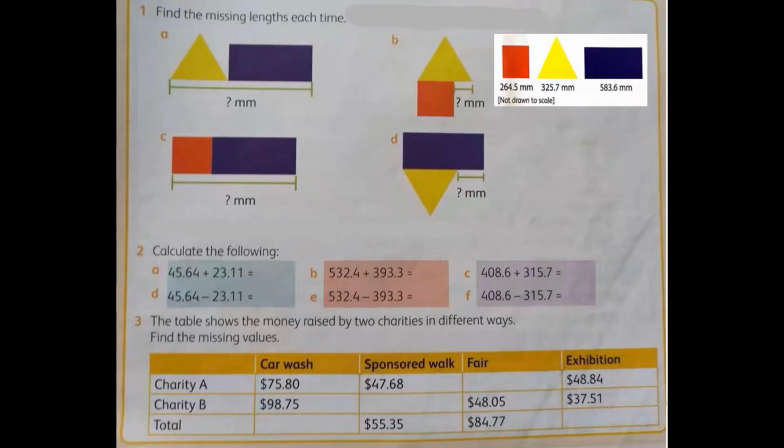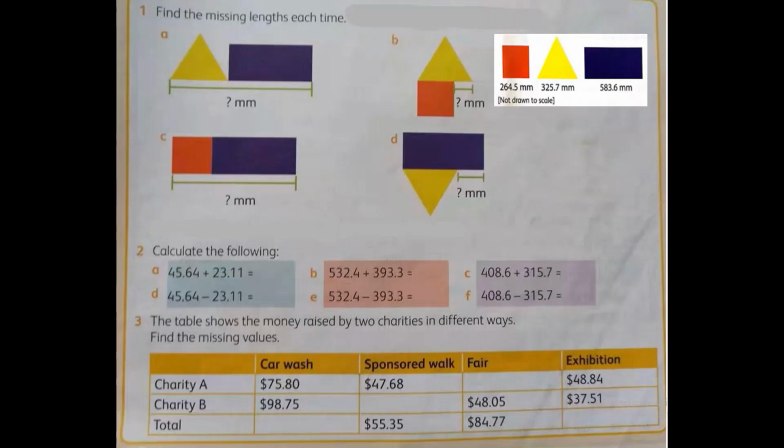For the car wash, you're going to do a total for charity A and B, but then you have to find the missing part. For sponsored walk, you have to find charity B, and for the fair, you're going to have to find charity A. And for the exhibition, you'll have to find the total again. Depending on what the problem is, you're going to either add or subtract it.